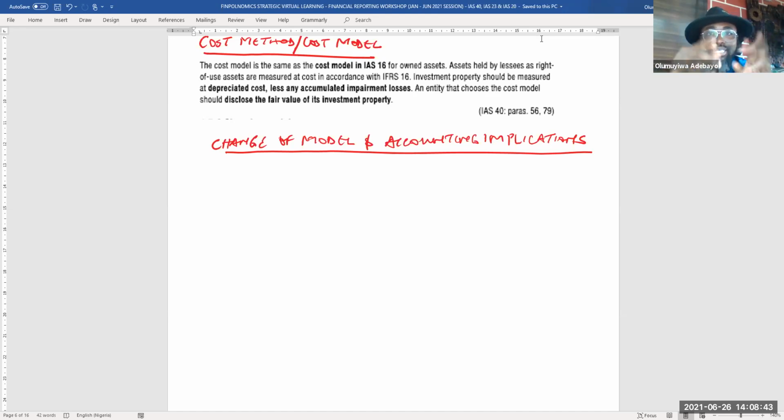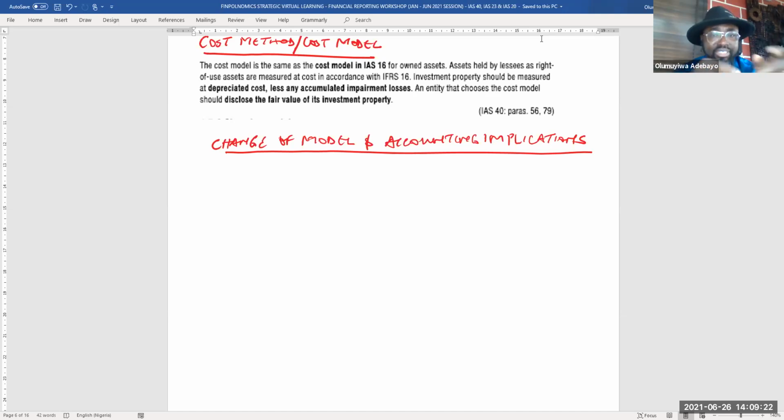But again, the standard makes a conclusion that the only reason that is acceptable for changing a model, whether cost to fair value or fair value to cost, is on the premise that such a change will provide more reliable and relevant information that will serve as an input to sound decision-making by the stakeholders.